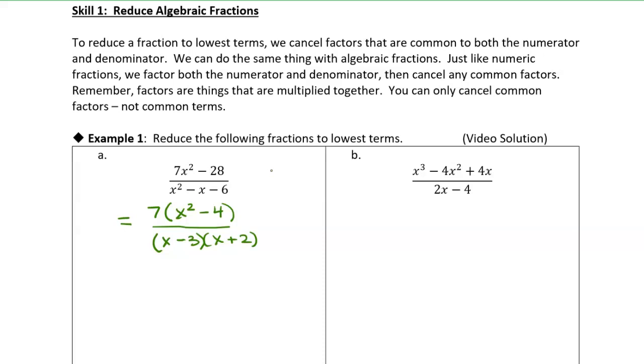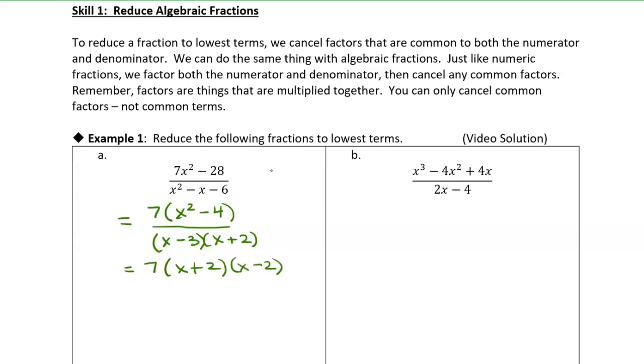All right, so we can factor this a little more. That numerator has an x squared minus 4 in it. And if you recall, that's a difference of 2 squares, right? Because 4 is 2 squared. And I can factor a difference of 2 squares into, in this case, x plus 2 and x minus 2.